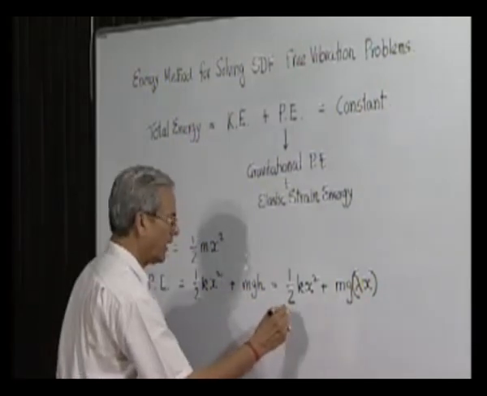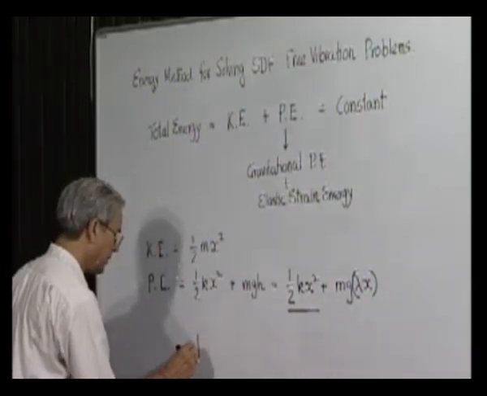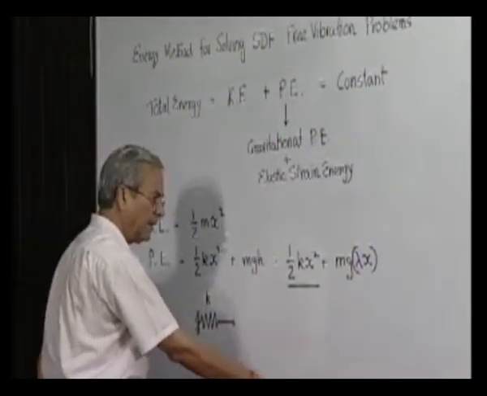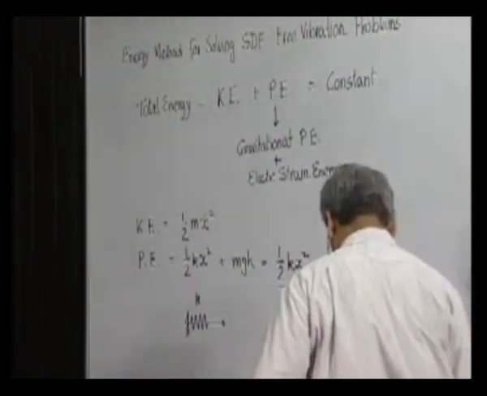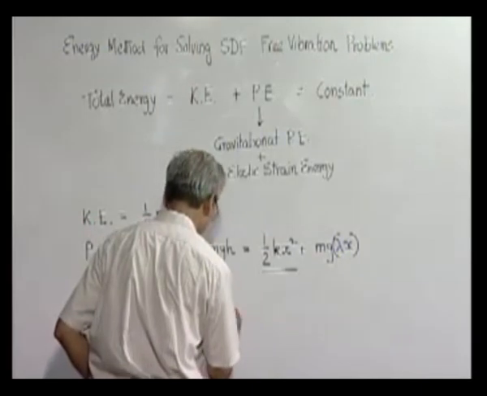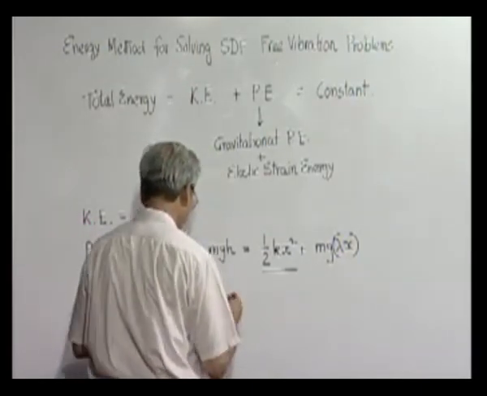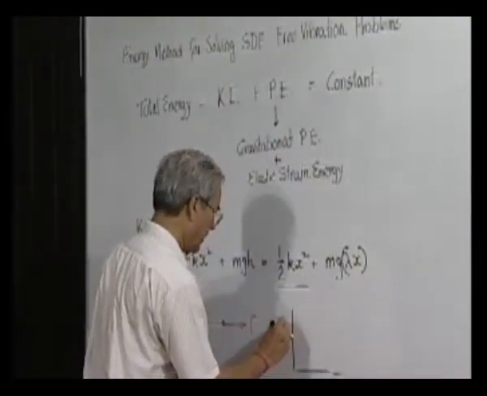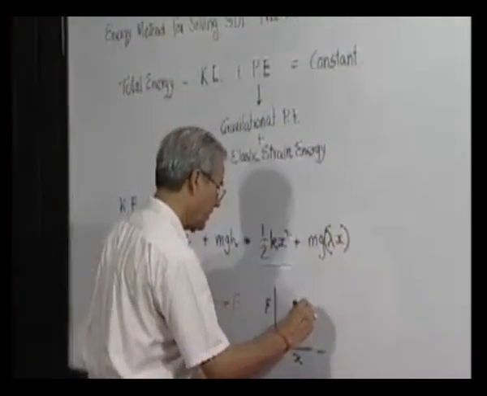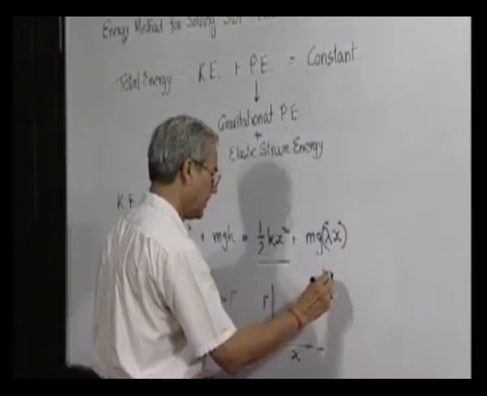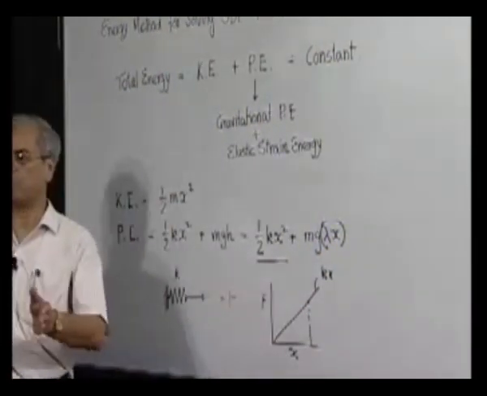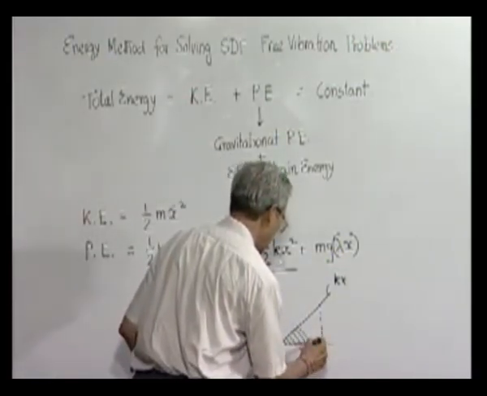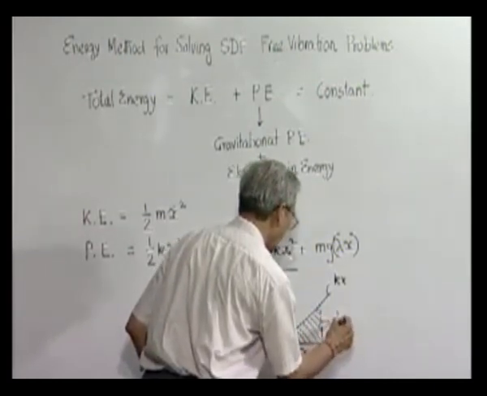Now I think this is well known, because we know that if we take a spring of stiffness K and then subject this to a force at any instant, then we know the plot f versus x will be a straight line, which is nothing but K. So if we displace the mass up to x from equilibrium position, then the work done is nothing but the area under this curve, which is half K x square.